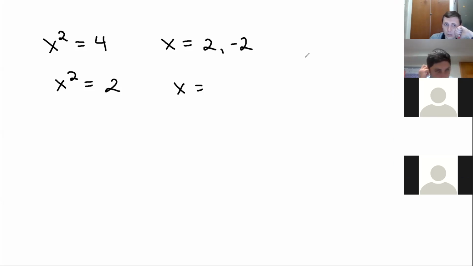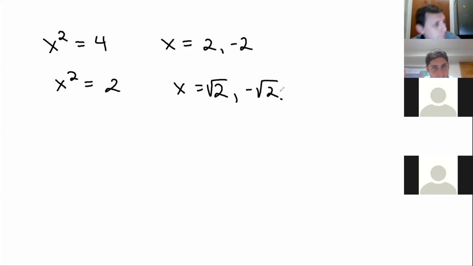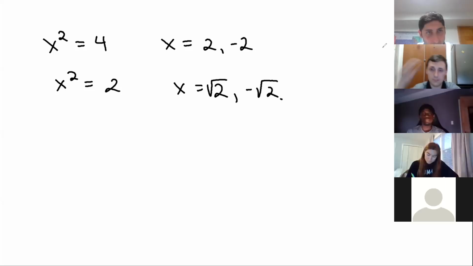No, it's x squared equal to 2, Safa, careful. If it's x squared equal to 2, you would have written what? Yes, it would be root 2 or minus root of 2.